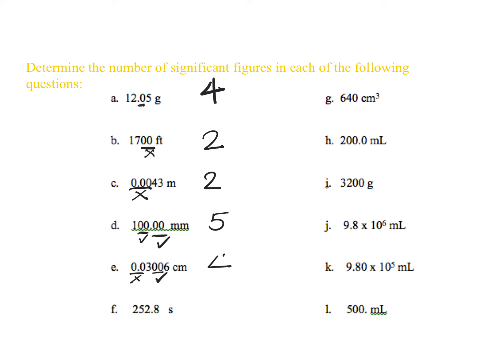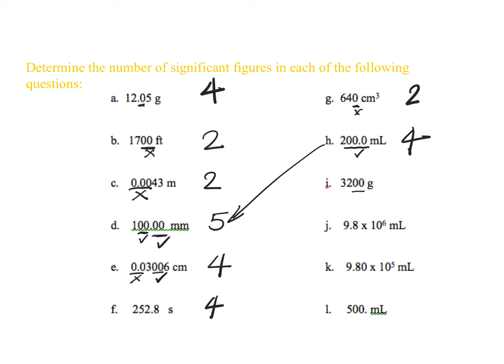So we have 4. 252.8, they're all non-zero digits, so they are all significant. 640, this 0 is in front of an implied decimal point, so it doesn't count. There are two significant figures. 200.0, all these zeros are significant, just like this example, right? So we have 4 sig figs.